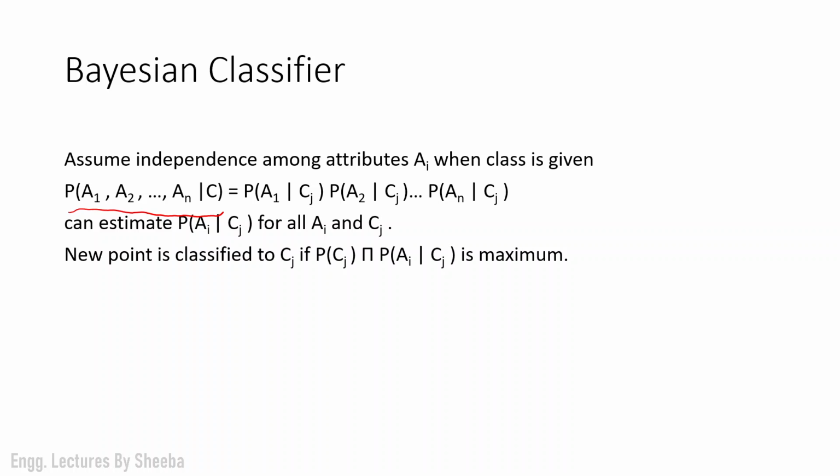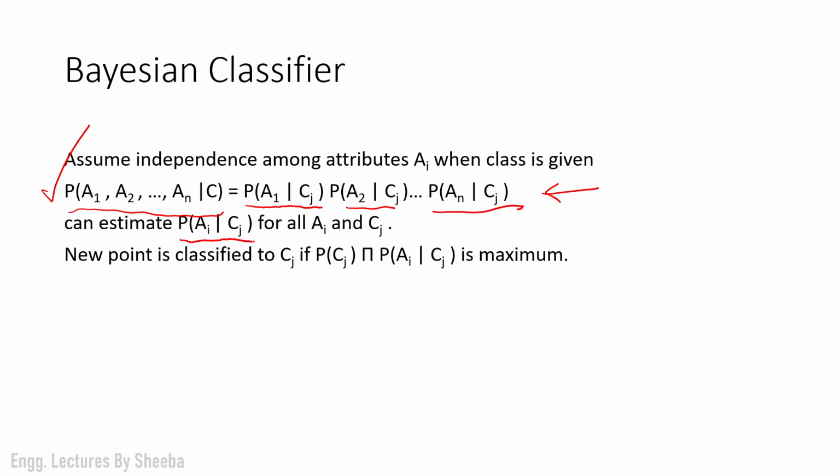How can you find this probability? It is the product of individual probabilities: the probability of A1 given that particular class, and the probability of A2 given that particular class. The product of all of these will give you this answer. That is what we will be finding.